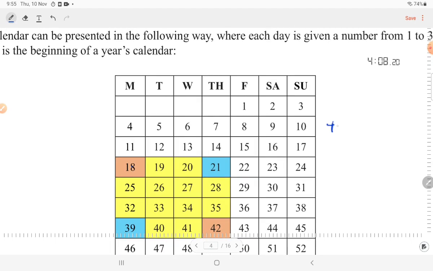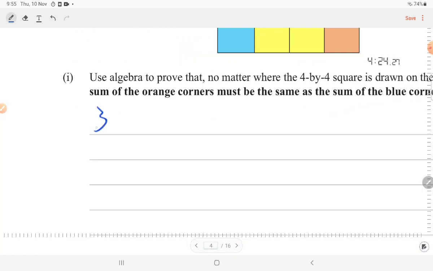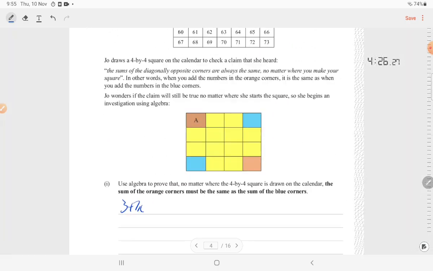So plus 7x, because each row is like 7, so it's 7x. Then the first is 3. So the date will be decided by 3 plus 7x.